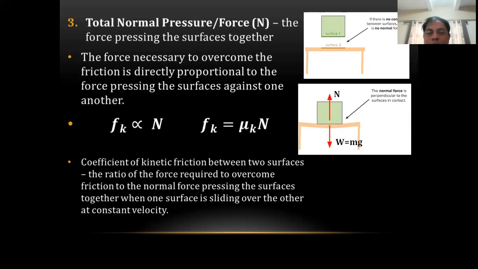If mu is almost equal to 1, that signifies that the surfaces have a very high degree of frictional force. If it's almost equal to 0, then the two surfaces in contact have the least amount of frictional force. So the value of mu tells us whether there's a high degree of friction or not.